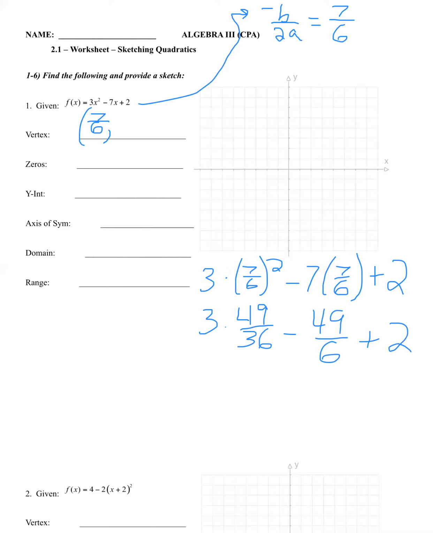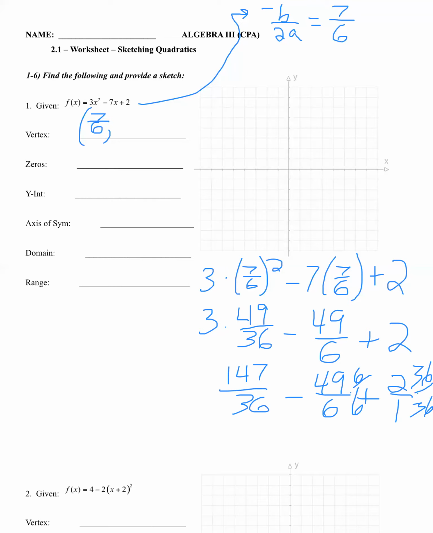So where's my calculator? Here we go. 147 over 36 minus 49 over 6 plus 2. So let's get these all with common denominators so I can actually do it. So I'll multiply this one by 6 over 6 and this by 36 over 36.